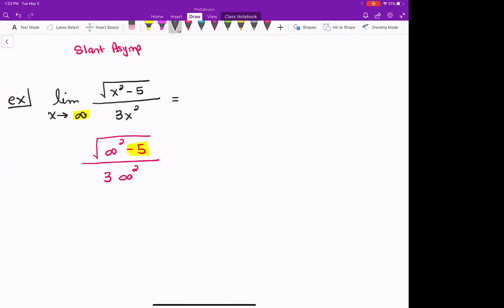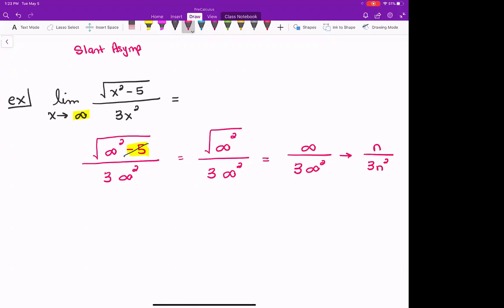So it's almost like I can ignore this minus 5, which means that this is just an infinity squared, square rooted, over 3 times an infinity squared. And again, these are kind of like just variables. So if this is just some number, I'll put in an n for the number, over 3 times a number squared. Well, now the degree of that denominator is larger than the degree of that numerator.